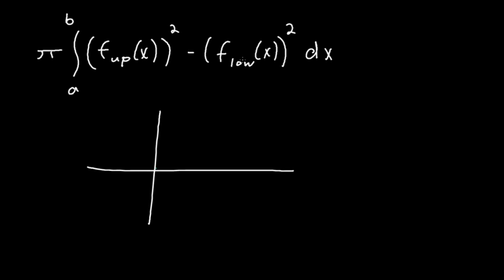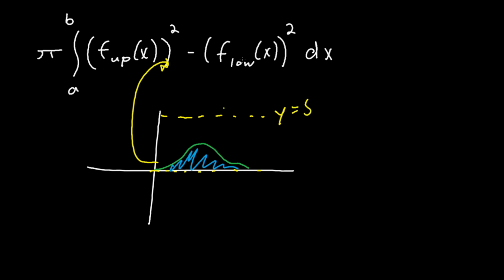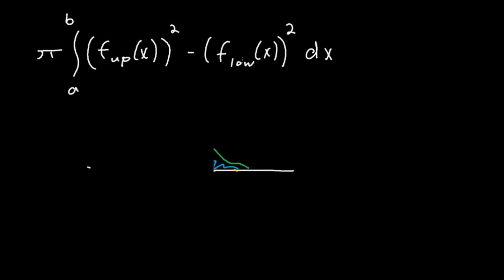So maybe if you had some function that looked like this, and cut off from here to here, maybe instead of rotating it around the x-axis, it kind of spins around like this, you rotate it around up here. So that means it will rotate up like that. This is the line y equals 5. So this is just the formula for a function that rotates around the x-axis. Keep that in mind, the formula that you're seeing on the board.